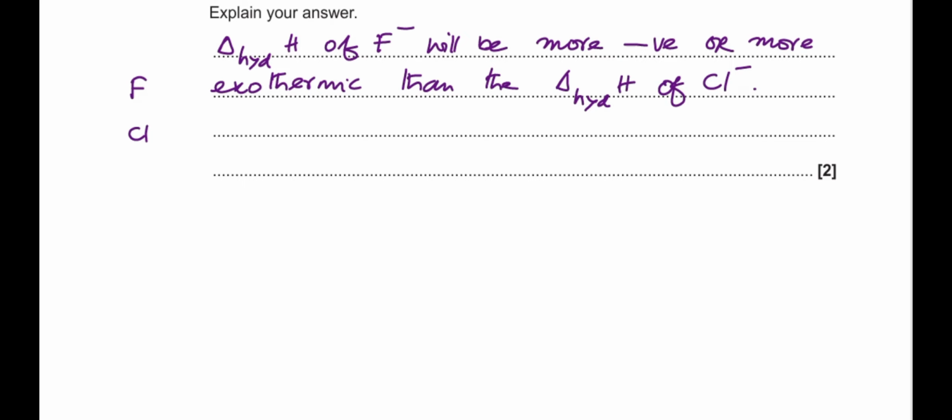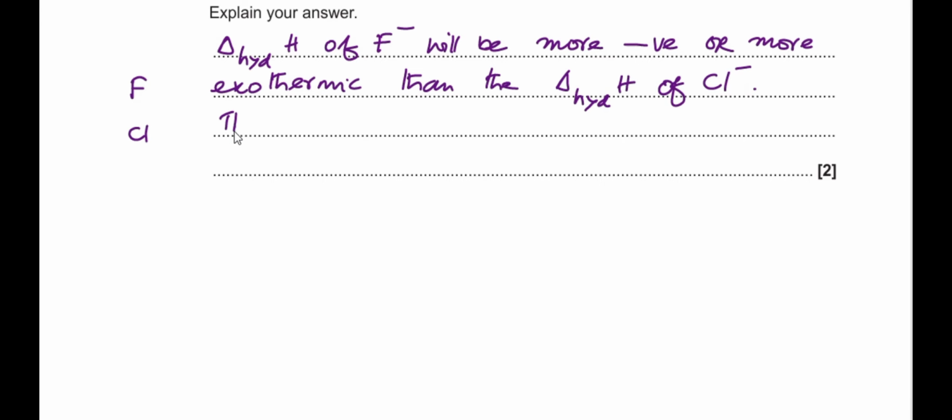Now the higher charge density of fluoride ions leads to greater attraction to water molecules. And if you look at the chemistry of bond formation, you will see that when bonds are formed, energy is released. And when stronger bonds are formed, significantly more energy will be released.